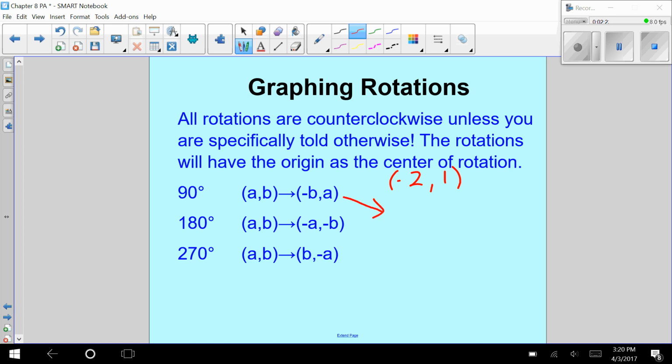For 90 degrees, (A, B) becomes (-B, A), so we get (-1, -2). For 180 degrees, (A, B) becomes (-A, -B). That just makes both numbers become their opposites. So we get (2, -1). And for 270 degrees, (A, B) becomes (B, -A). So B stays the same, and A becomes its opposite. So we get (1, 2).